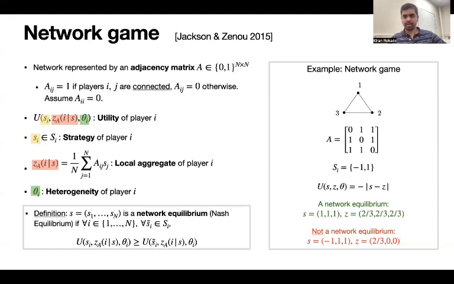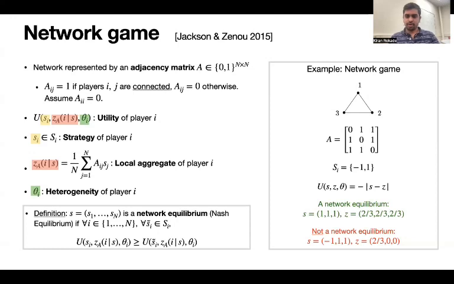Now let me give you an example of a network game. On the right, I have a network game of 3 players where players are allowed to choose between 2 strategies, -1 and +1. And the utility function of the game is designed in such a way that players are incentivized to choose a strategy S that is as close as possible to their local aggregate Z. So in this game, you can verify that if all the players play the strategy +1, then that is a network equilibrium.